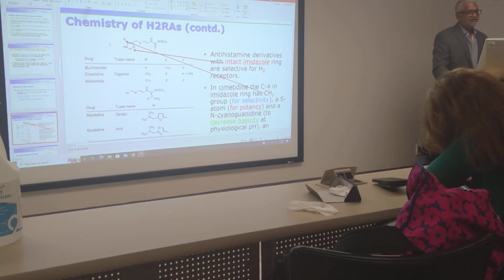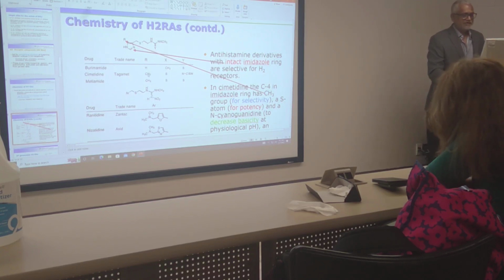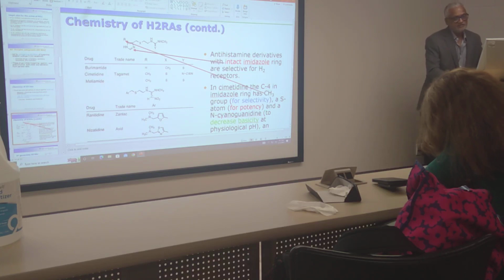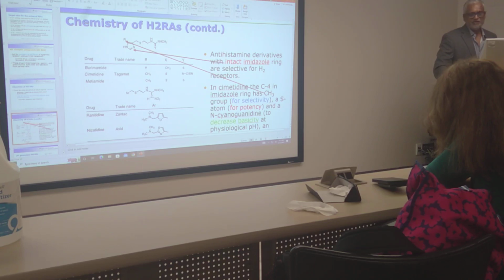So you can modify the side chains of the ring structure. In the R here, say burimamide is the parent compound. For cimetidine, they added a methyl group into the R, and if you change C4 here, it will increase the selectivity.